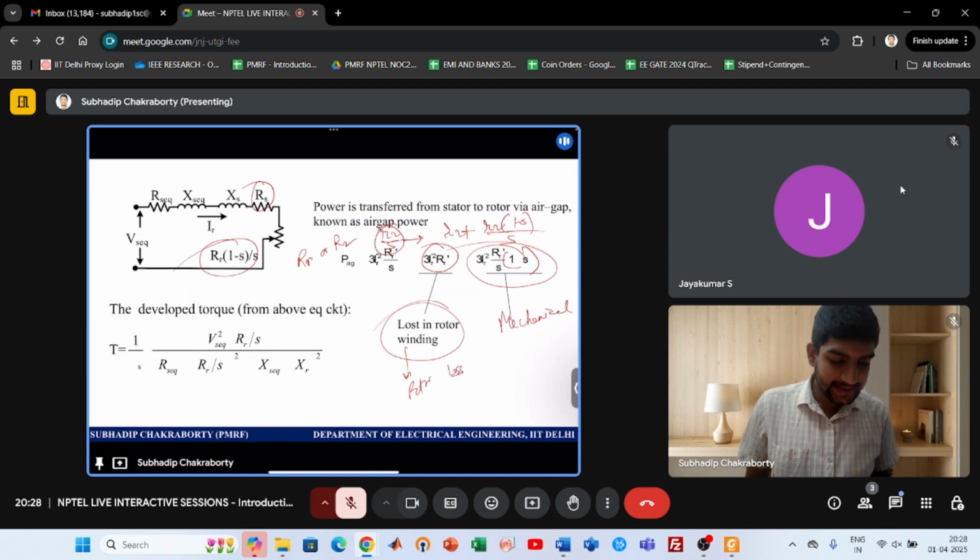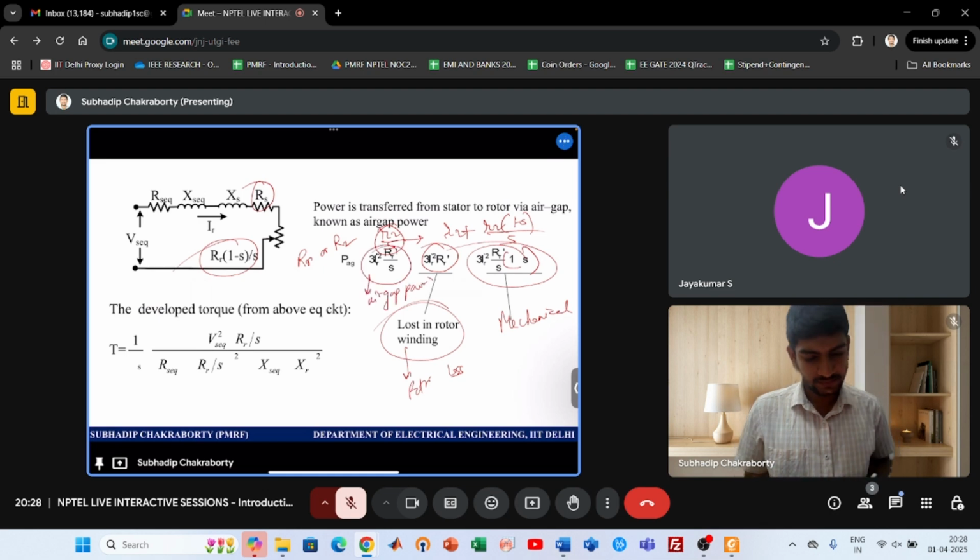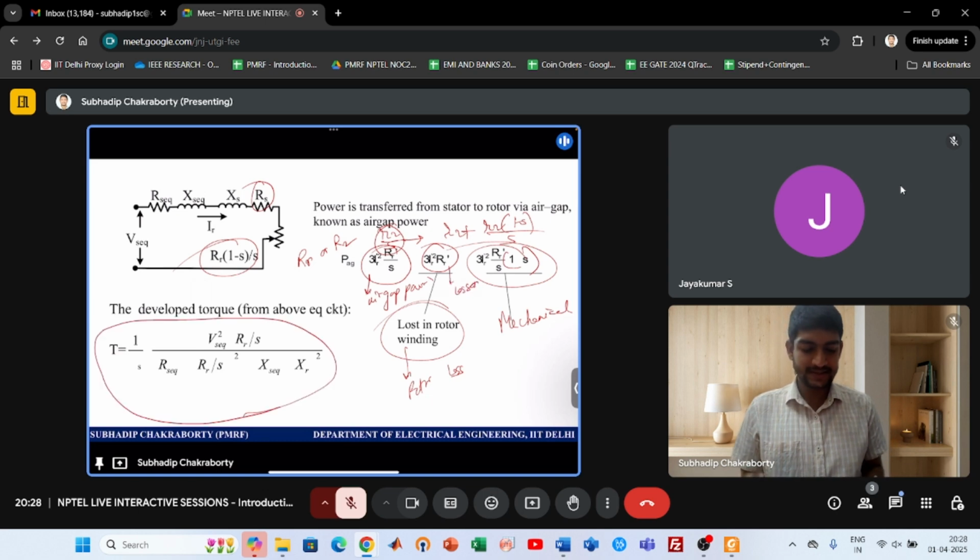But loss is also happening in the stator, right? After the stator loss, whatever electrical power is coming is known as the air gap power. And these are losses. That's how the equation is developed, right?